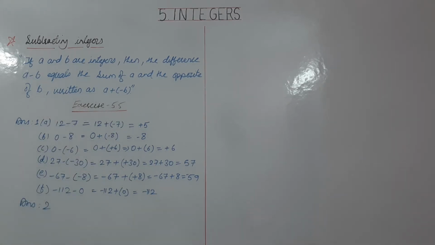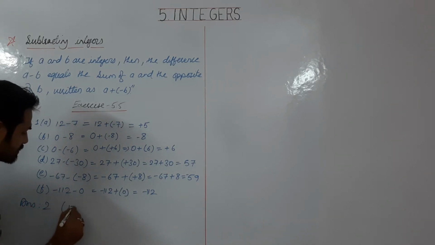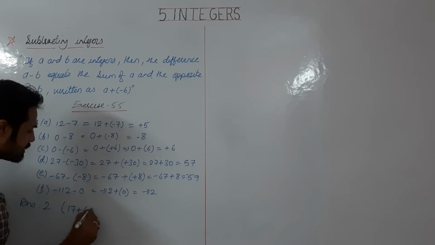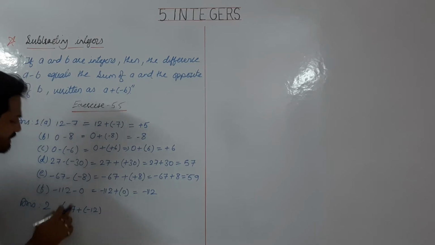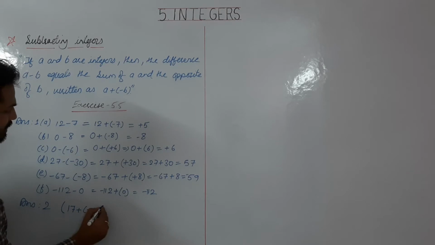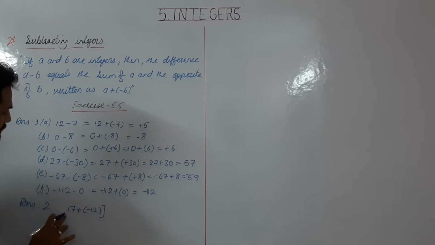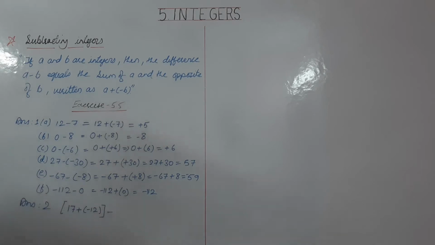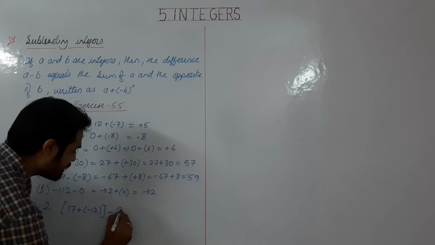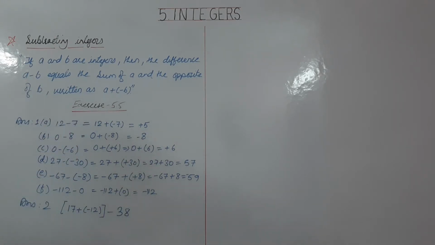So a is 17, b is minus 12, and from the sum of 17 and minus 12 we have to subtract 38. So according to the statement, this is the final formulation: 17 plus minus 12 after bracket minus 38.